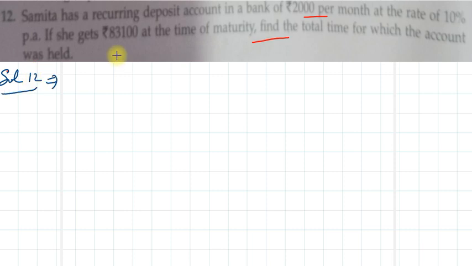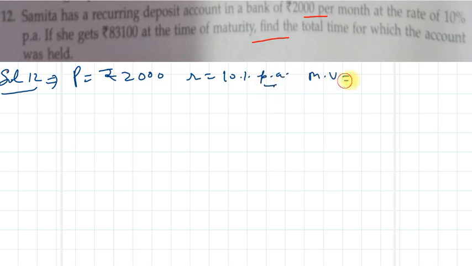Smita has a recurring deposit account of, sorry, 2000 per month. This is the principal. R is 10% per annum. Maturity value equal to rupees 83100. Right?